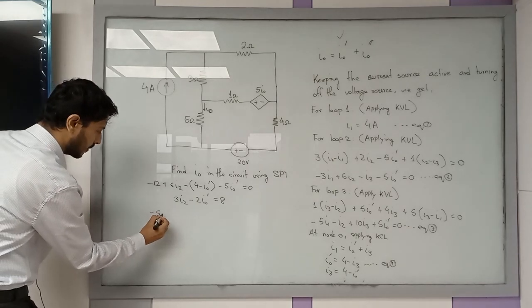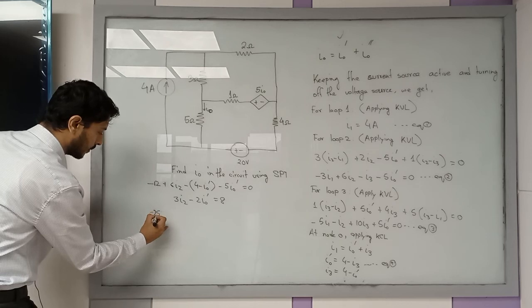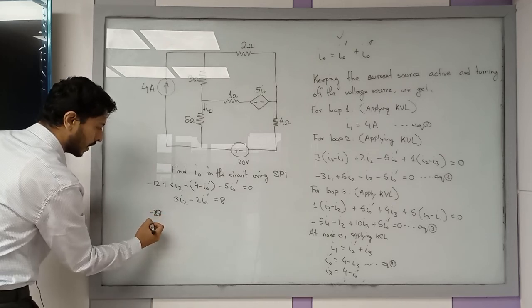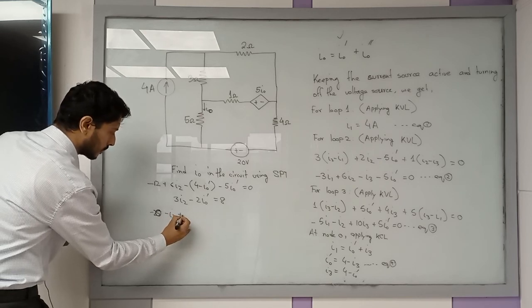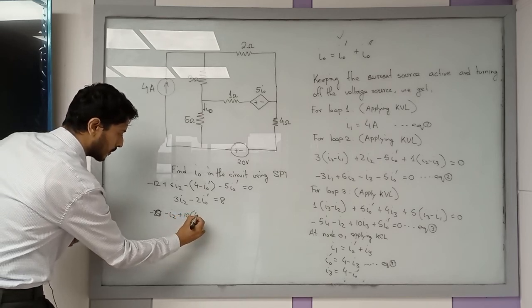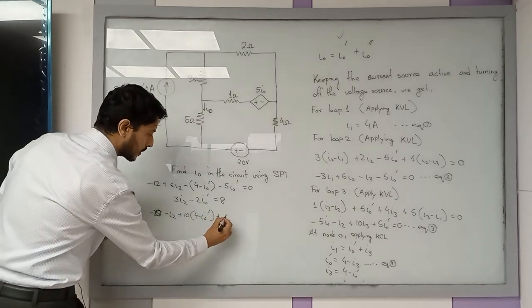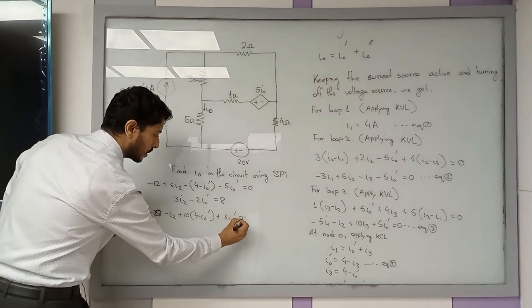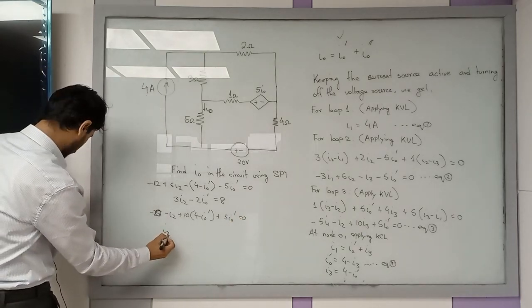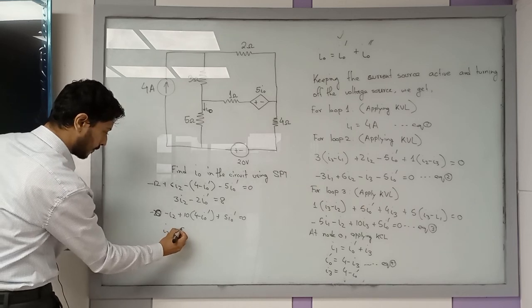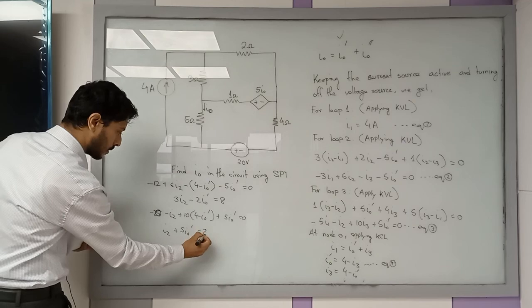Minus 5 times 4 is 20, right? Minus I2 plus 40 minus 10 I naught prime equal to 0. So this becomes I2 plus 5 I naught prime is equal to 20.